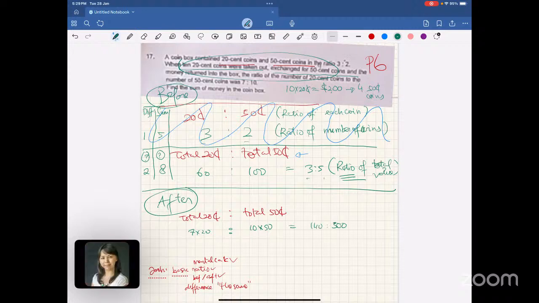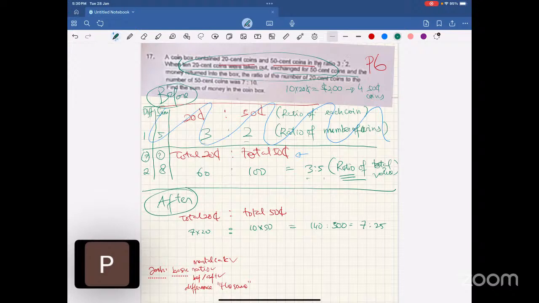Then if you simplify, you can use calculator if you want to. 7 to 25. Not the nicest number, and that's why we use calculator. Save some time in exam.